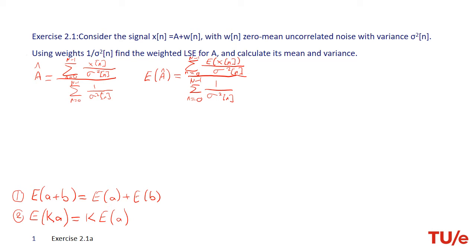Well, xn is given as the summation of a deterministic but unknown parameter a and the noise, which is zero mean, uncorrelated, with variance sigma squared. That means we can write this expected value of xn as the expected value of the signal model with noise. So it's the expected value of a plus omega n.